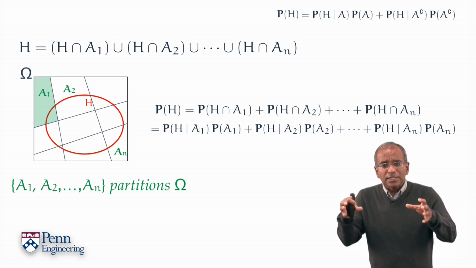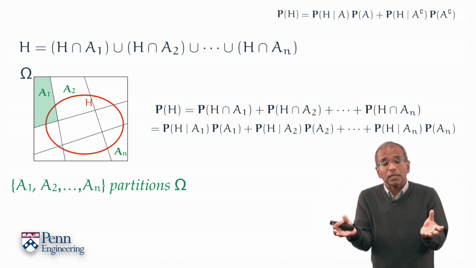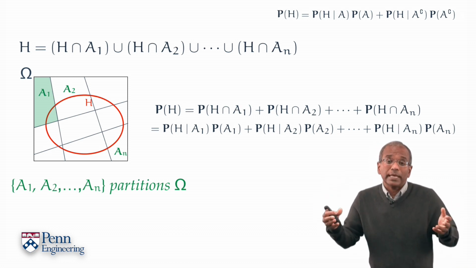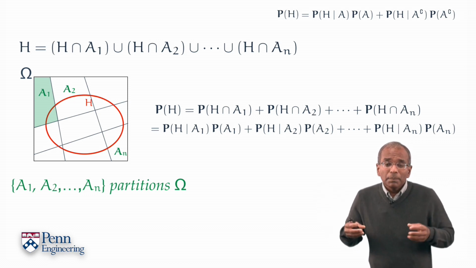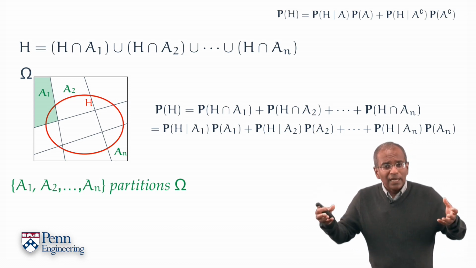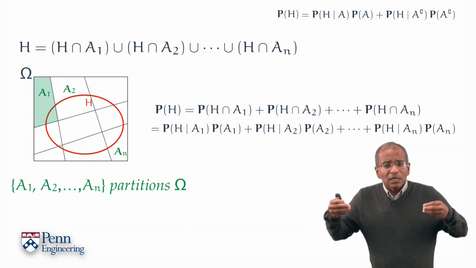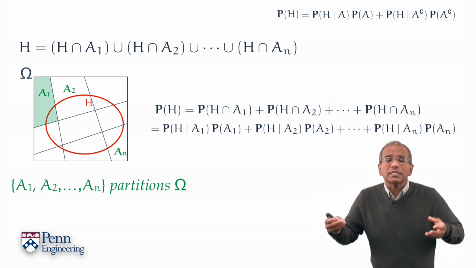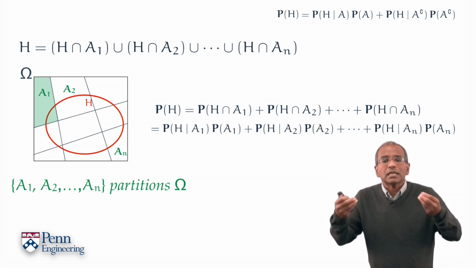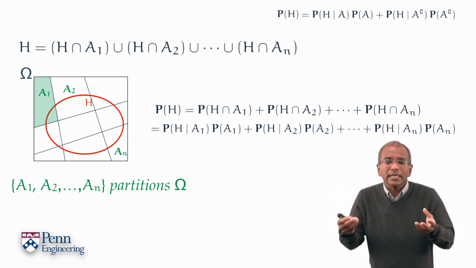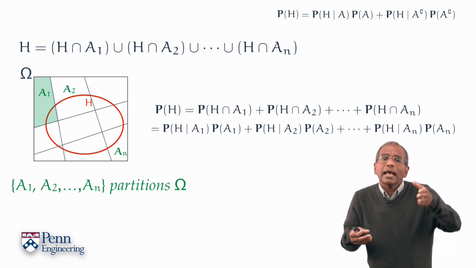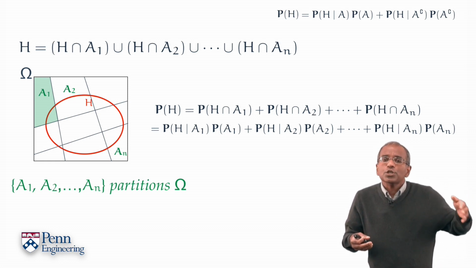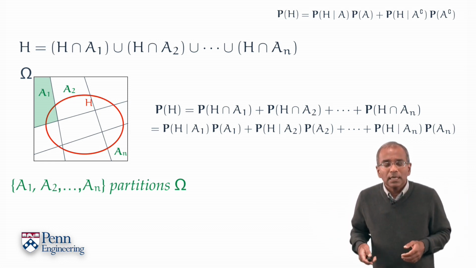The picture suggests a partition of an underlying sample space into a finite number of sets, say n in number. But the argument is clear that it will hold untrammeled even if the partition contains a countably infinite number of sets. And if that's the case, then on the right we'll have an infinite sum chained together of conditional probabilities.